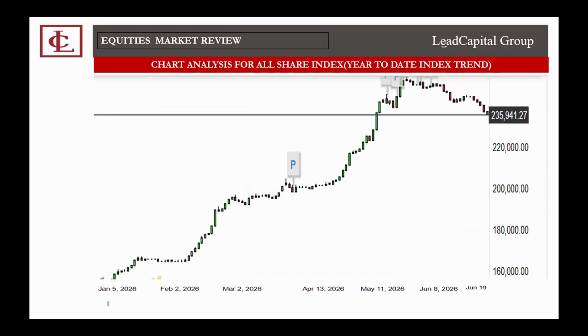Despite the recent decline, the index remains well above its starting level for the year, confirming that the broader market trend remains positive. So the current pullback should be viewed as a consolidation phase rather than a reversal of the long-term uptrend. Investors should monitor key support levels while focusing on fundamentally sound stocks with attractive valuations.